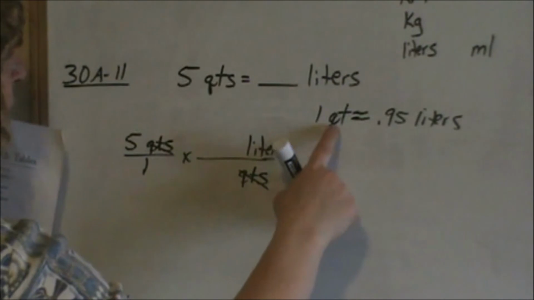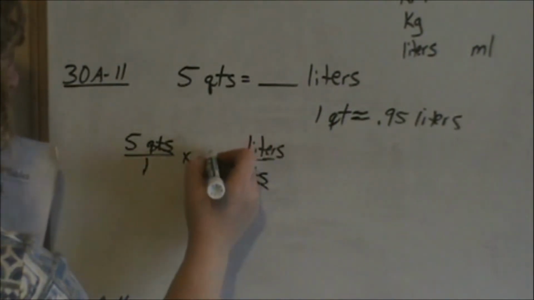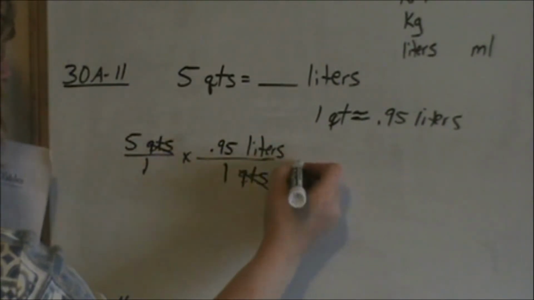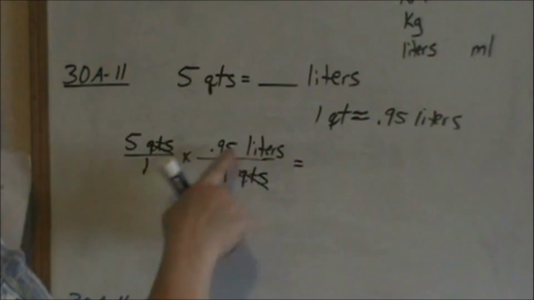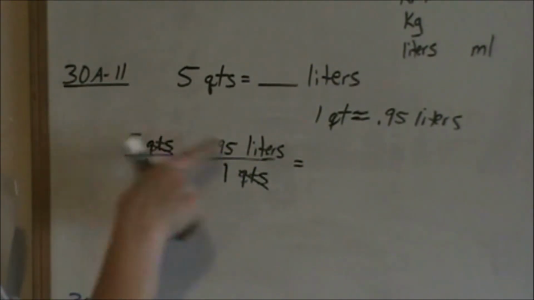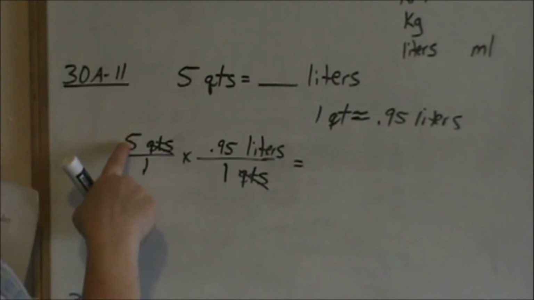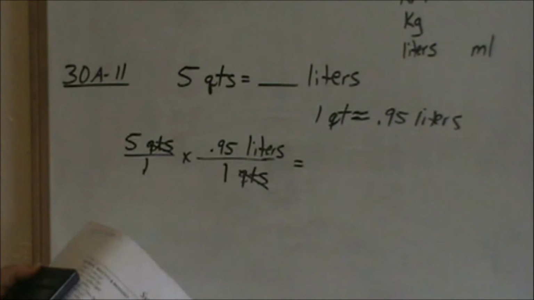So 1 goes with my quart, and my 0.95 goes with my liters. Again, my quarts cancel. I'm left with liters. So now I multiply across the fractions, numerator to numerator, denominator to denominator. 5 times 0.95, I'm doing that in my calculator.